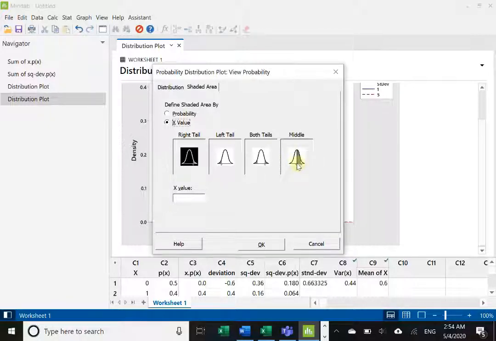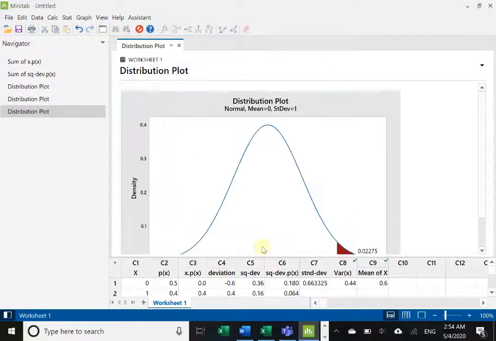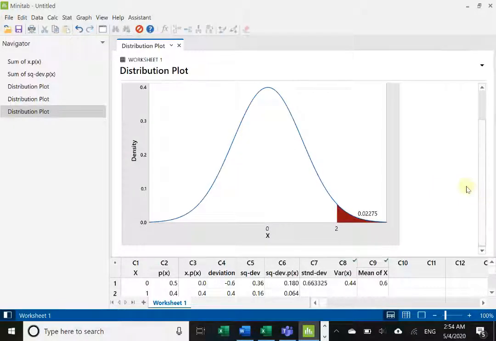The one I wanted to do was greater than. That means right tail. The x value, which is really the z-score, was 2. Hit OK. And there you go. So the answer to that exercise, the probability of a z greater than 2, is 0.02275. I'll copy these down to transfer them to my notebook in a minute.